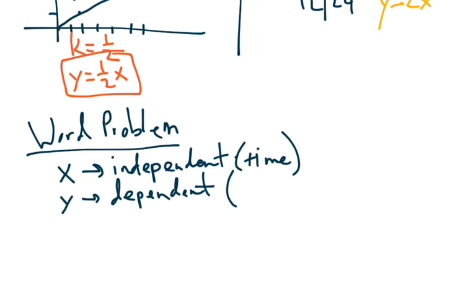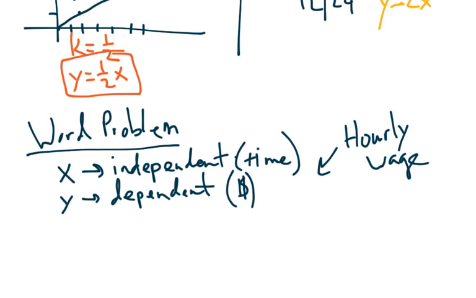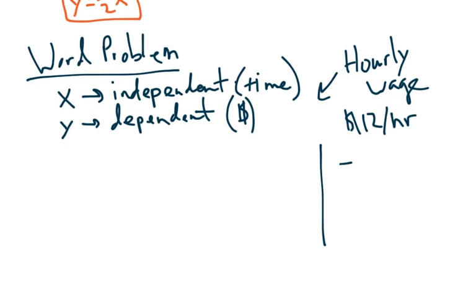And then the dependent variable could be something like money. And so just think about an hourly wage. That's a great example of independent, dependent, in fact, a proportional relationship. So let's say you're getting paid $12 per hour. Well, if we were to make a little XY table out of that, first of all, we have to think, what's the independent thing?